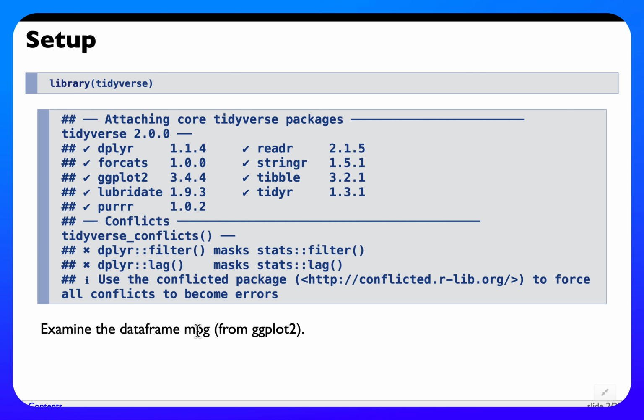You can use glimpse to examine it, okay? So again, stop the video, do the task, then restart the video. Okay, let's go on.